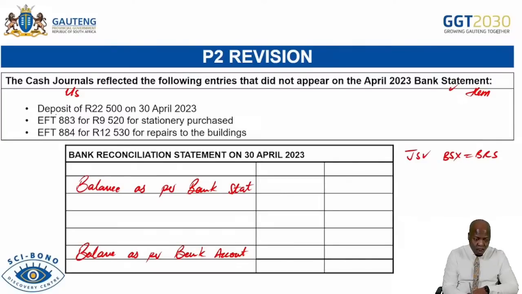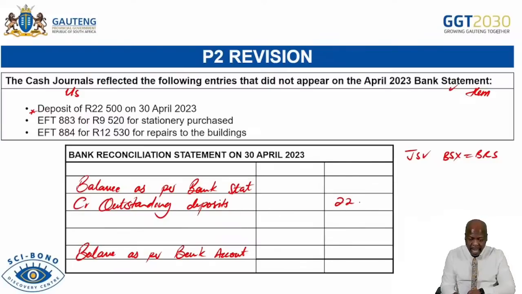So we come here, we have a deposit. So in this format, we will know that I have to credit my outstanding deposits. I credit my outstanding deposits. That is 22,500.